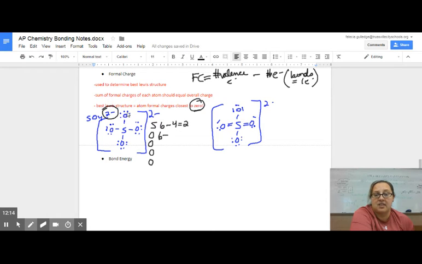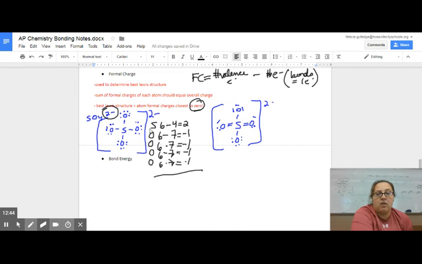So I see 7 here: 6 little dots and 1 bond equals 7. So my formal charge for that oxygen is -1. Because all of these are the same, they're all going to be -1. I think I might have said 1 earlier, but it's -1. So all of these should be -1. 6 minus 7, sorry, it takes me forever to write, is -1.